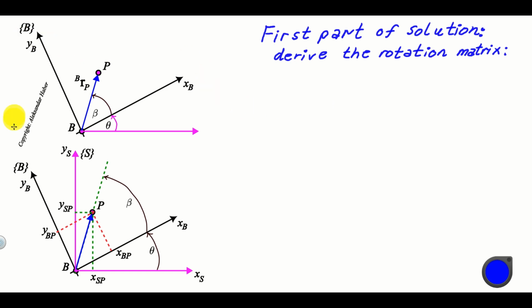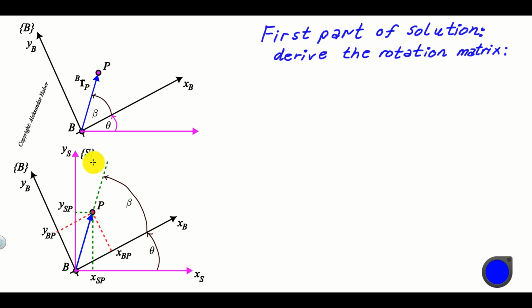Let's analyze this figure over here. Over here, I simply isolated my body frame B, and this horizontal line is a line that's parallel to the axis XF of my fixed frame.